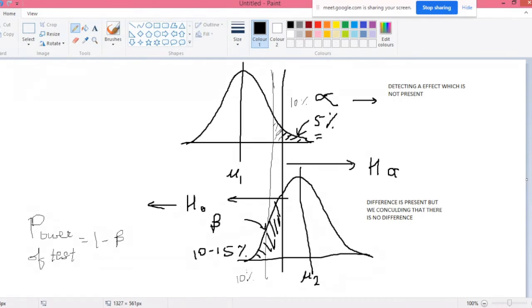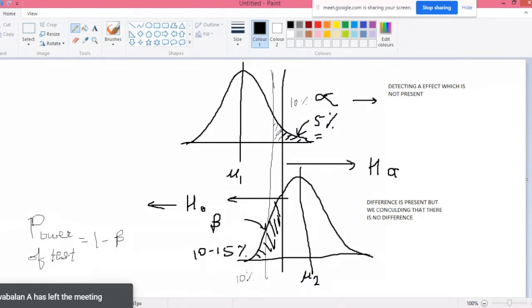So that 5% is there, and if it is 10%, 90% is the confidence interval, we say it is a weak significance. Less than 90%, we say there is no evidence.